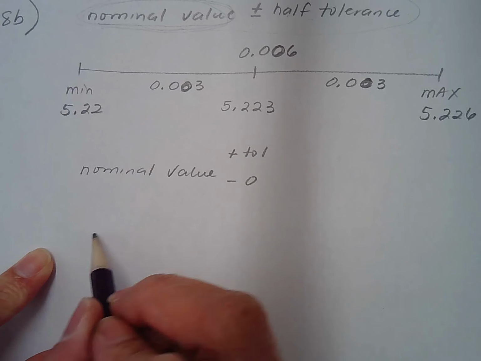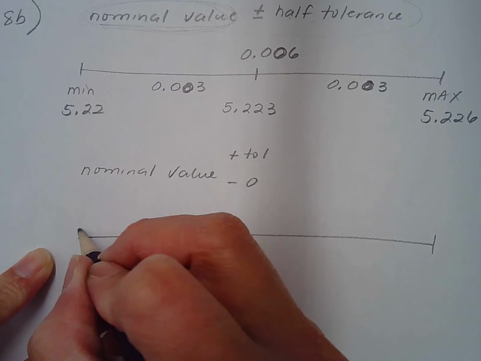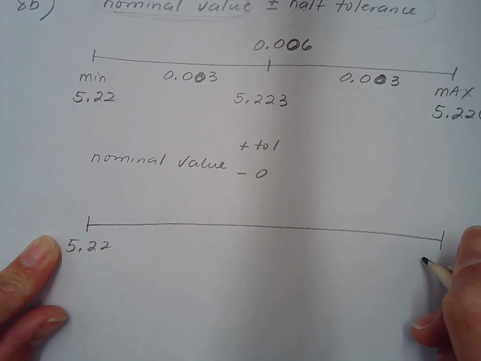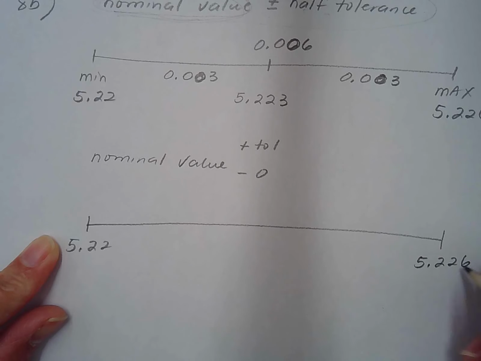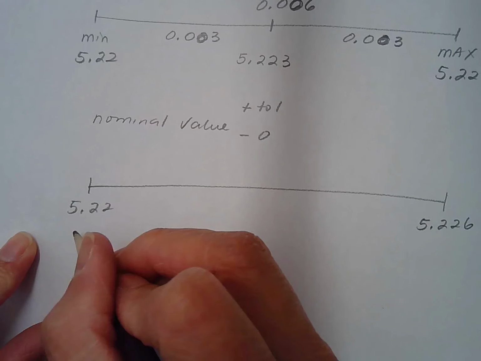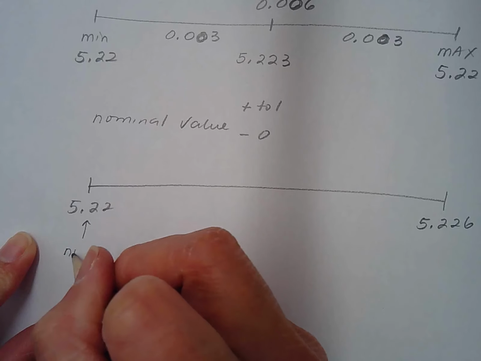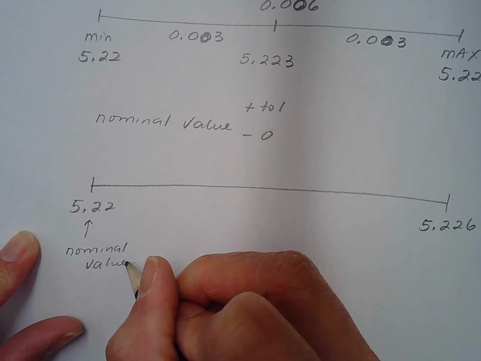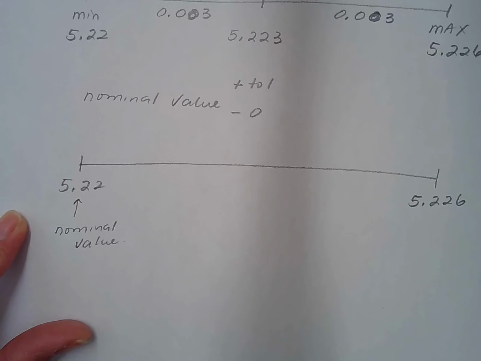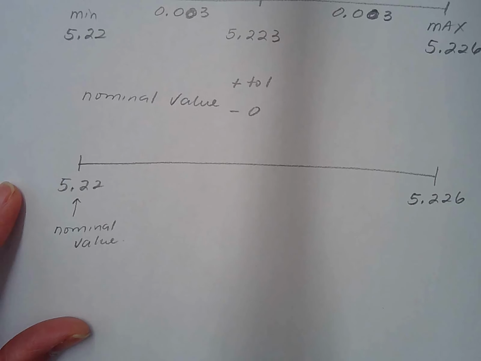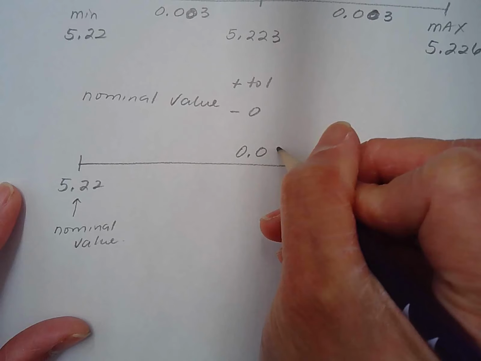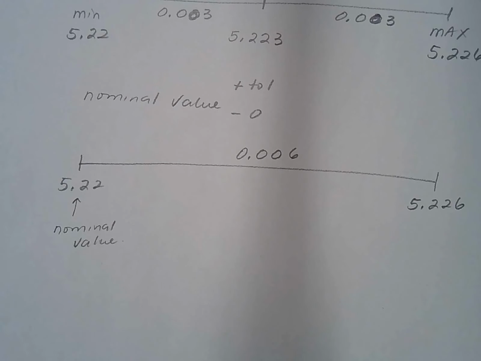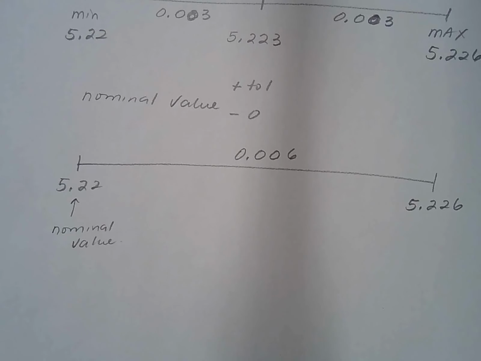So that means this is now our nominal value. Nominal value. And this is 0.006. I should put 2 zeros there. Okay.